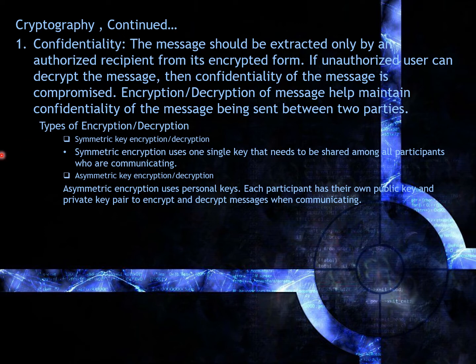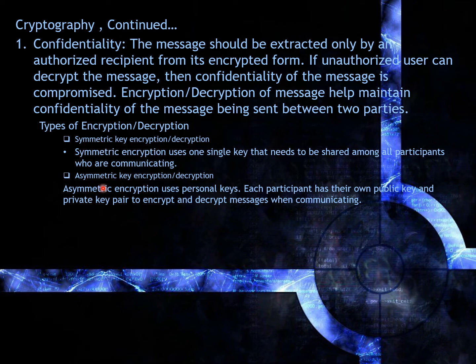There are two types of encryption and decryption: symmetric key encryption and asymmetric key encryption. Symmetric key encryption uses one single key that needs to be shared among all participants who are communicating.